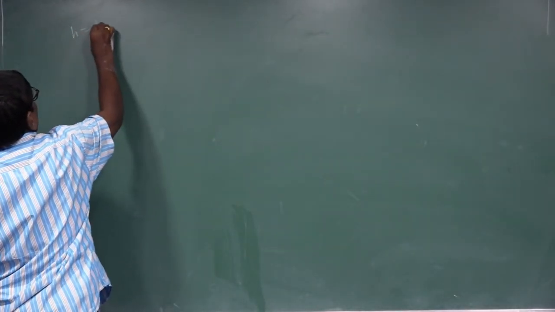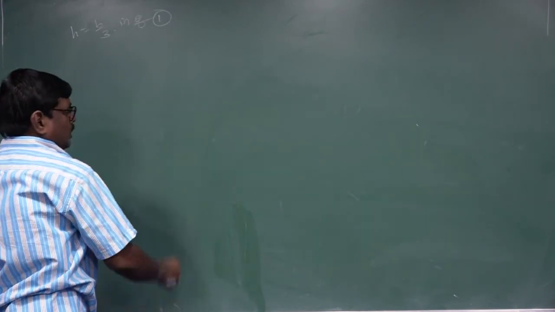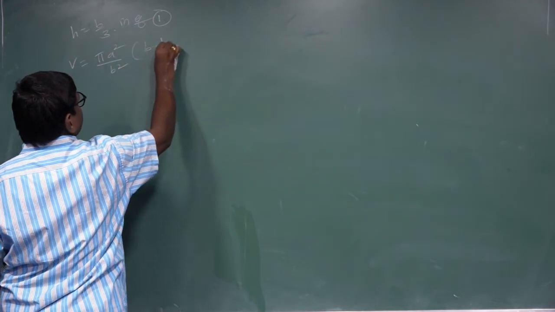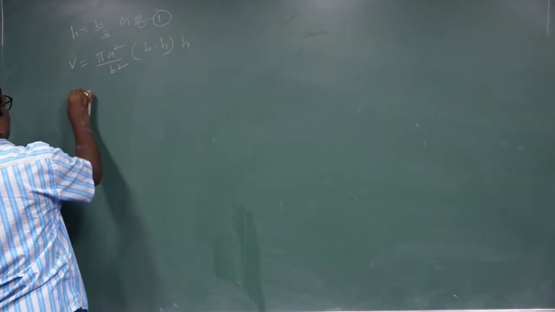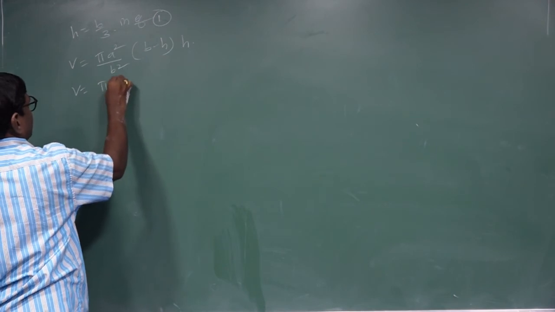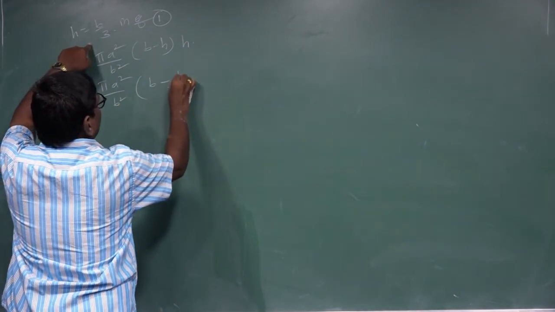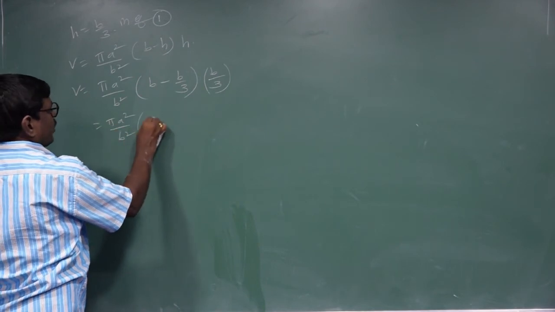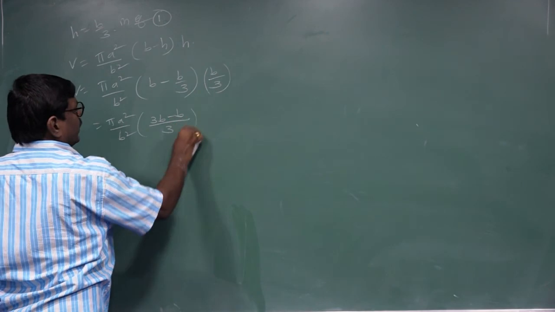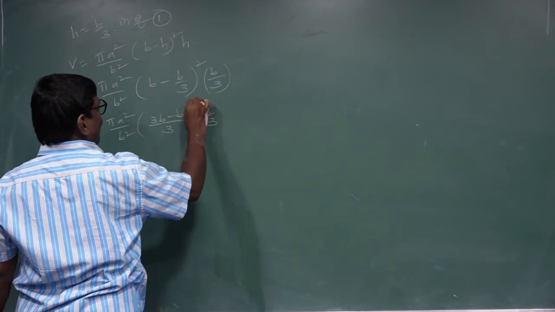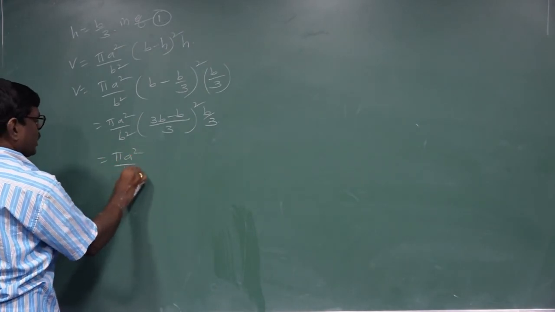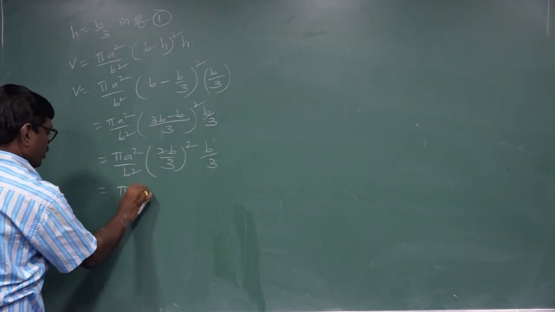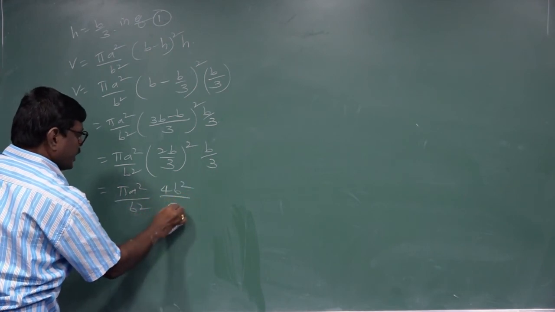Put H equal to B by 3 in equation 1: V is equal to pi A square by B square into B minus H whole square into H. V is equal to pi A square by B square into B minus B by 3, whole square, into B by 3, equal to pi A square by B square into 2B by 3 whole square into B by 3, equal to pi A square by B square into 4B square by 9 into B by 3.